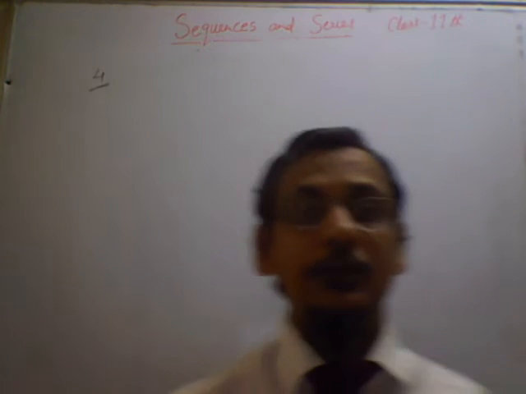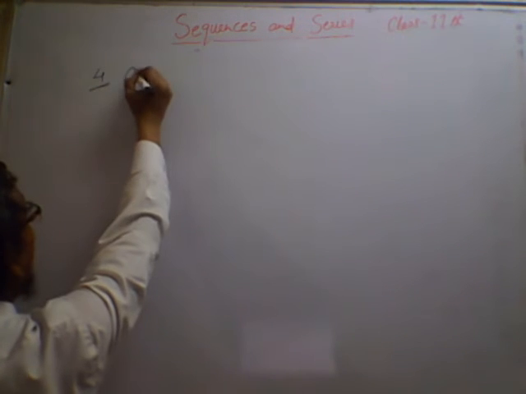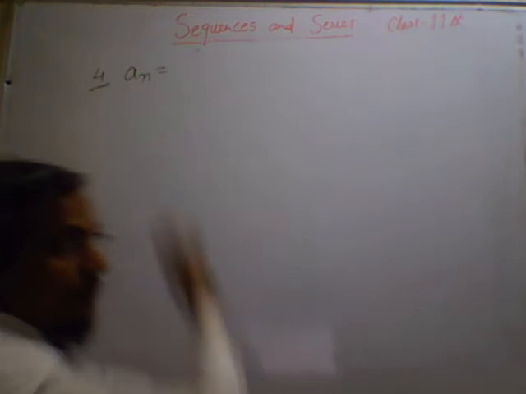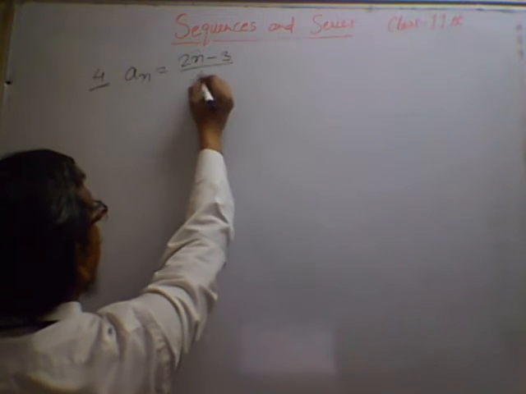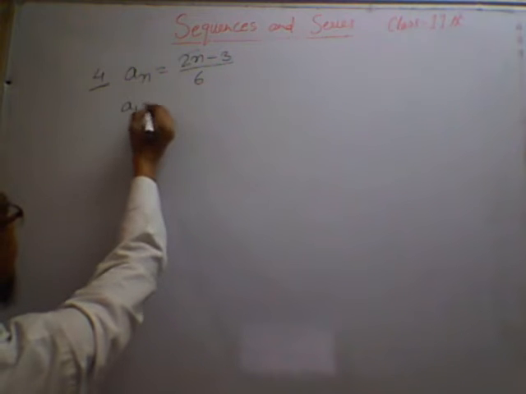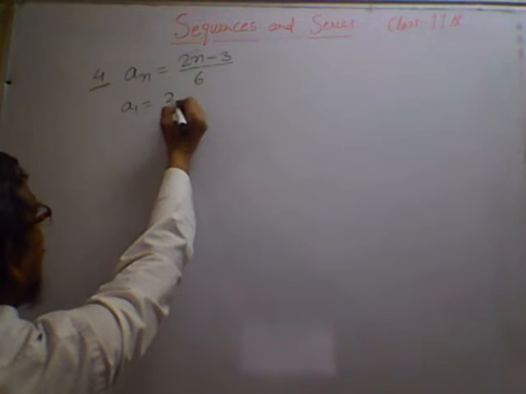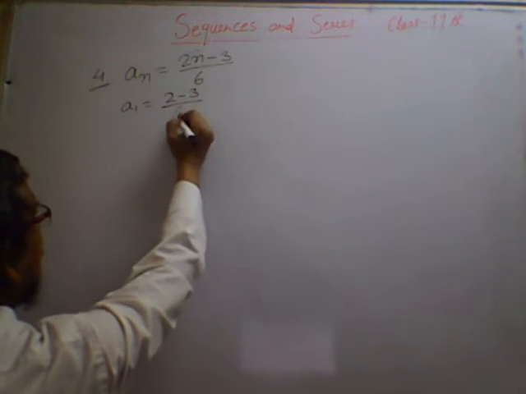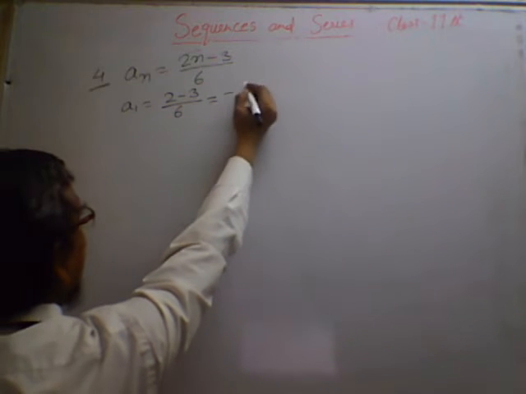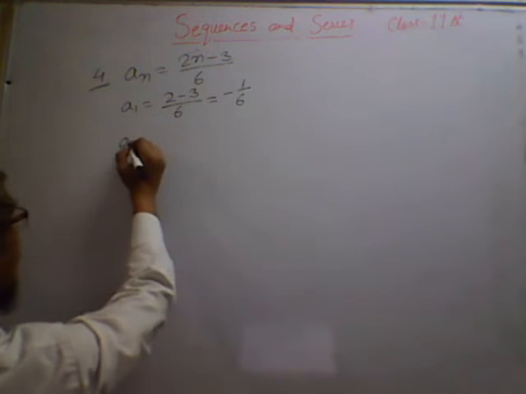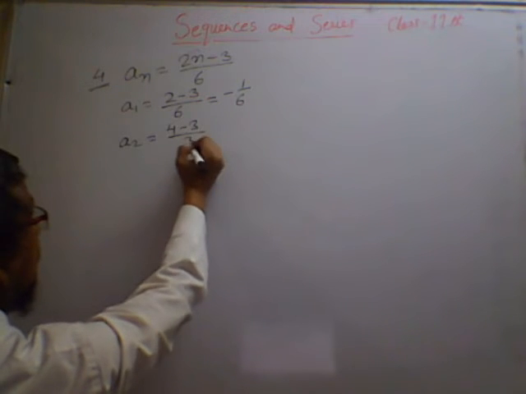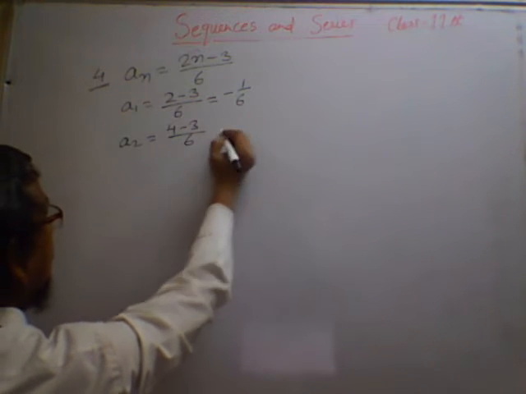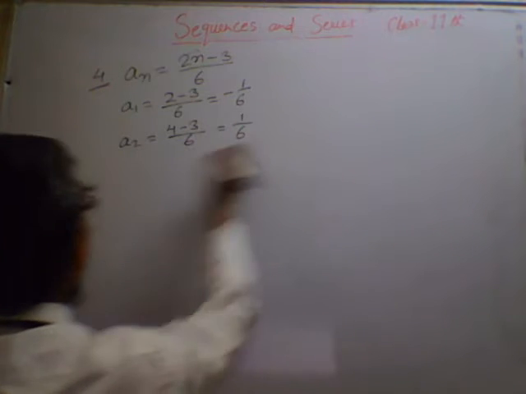Question number 4 is an equals 2n minus 3 over 6. A1 equals 2 minus 3 over 6, meaning minus 1 over 6. A2 equals 4 minus 3 over 6, meaning 1 over 6.